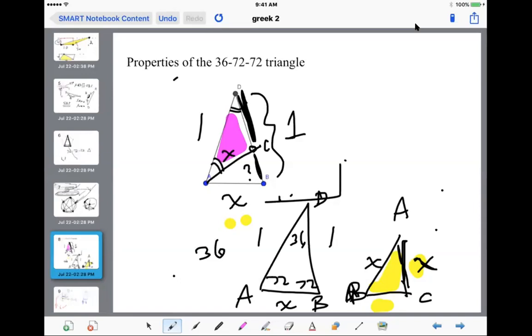It's not AB that equals x, but DC equals x, because this x here is part of both isosceles triangles. It's part of this one, so that's x, but it's also part of this one, so that's x. So what does that make for BC? If this piece here is x, then yes, that is 1 minus x.